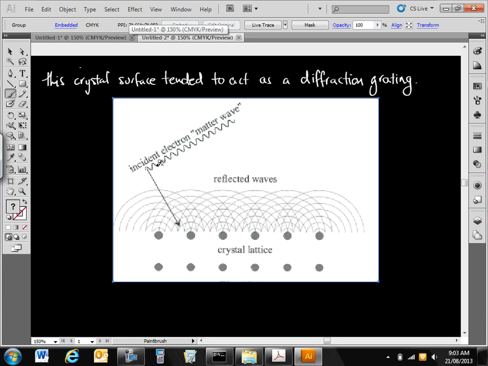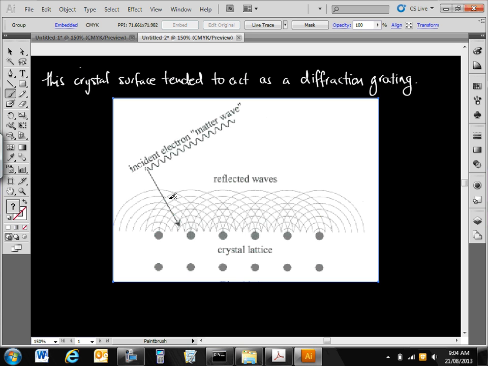Now, students were a little bit confused about what's going on here. The incident electrons are at some angle here. We've been looking at diffraction gratings where light actually passes through the grating. We see similar effects when matter reflects off of a diffraction grating, so to speak.